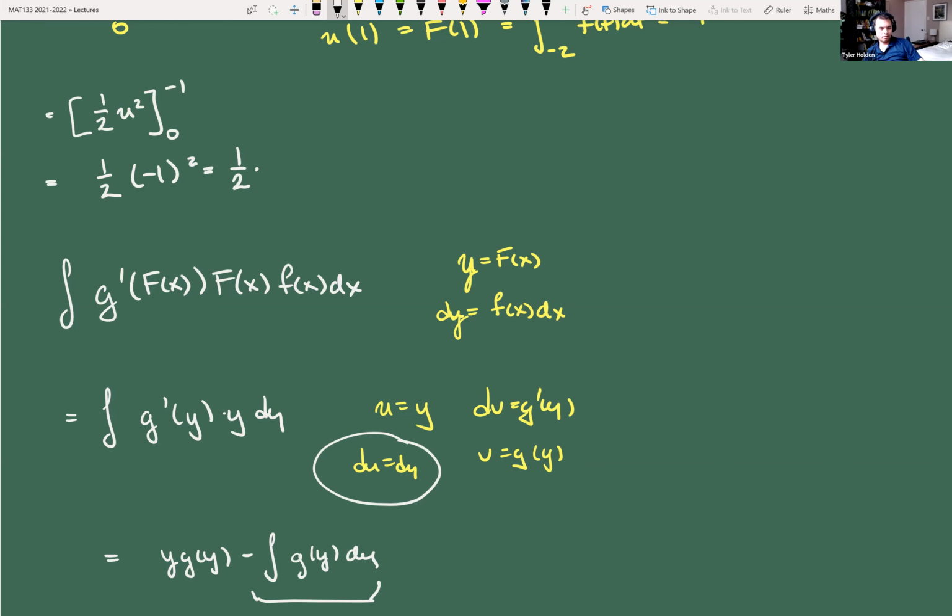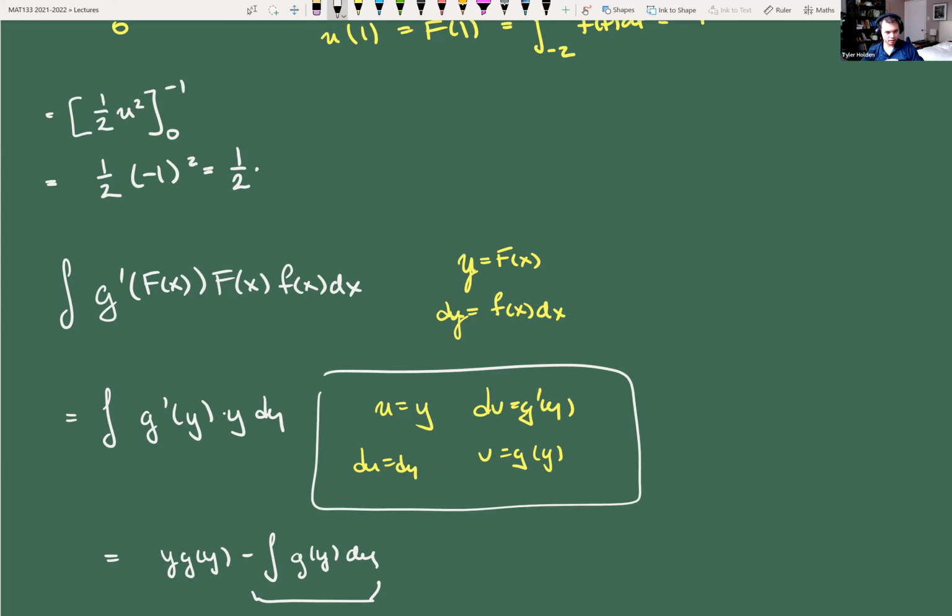Is that like the integral of g prime of y? Yeah, I don't quite see what you're saying. So do you agree? Are you happy with this, or do you still have objection with this? This is good, and it's the next line.